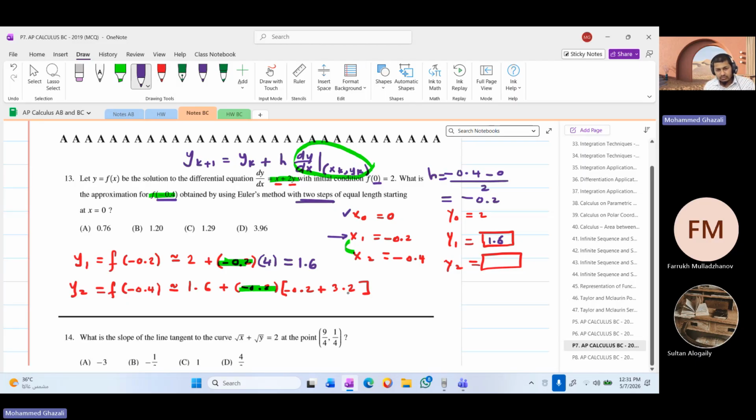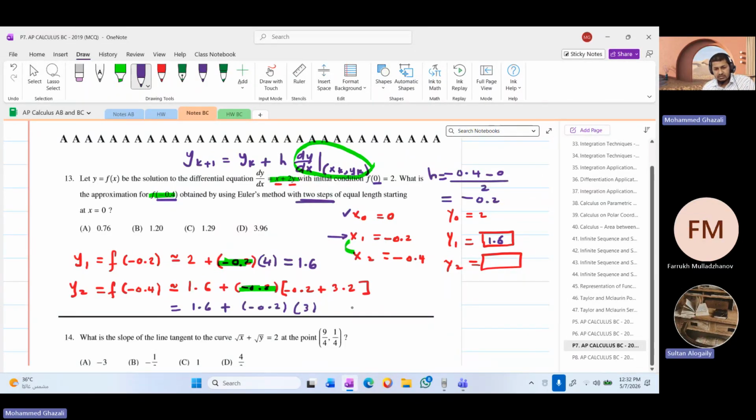So we got 1.6 plus negative 0.2 times 3. Am I doing this correctly? Just one second. Yeah, it is right. 2 times 1.6 is 3.2. Okay. Now, negative 0.2 times 3.